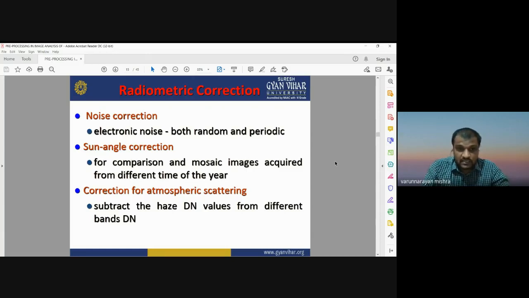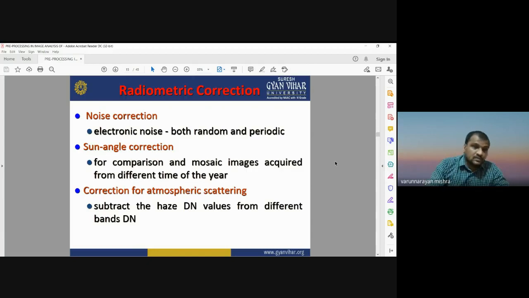Sun angle correction is performed for the comparison and mosaicking of images acquired at different times of the year, because the sun angle may be different for images acquired in different years. For correcting the errors caused by the sun angle, we perform the radiometric correction.